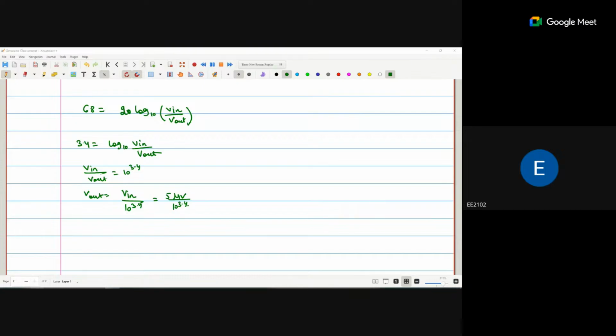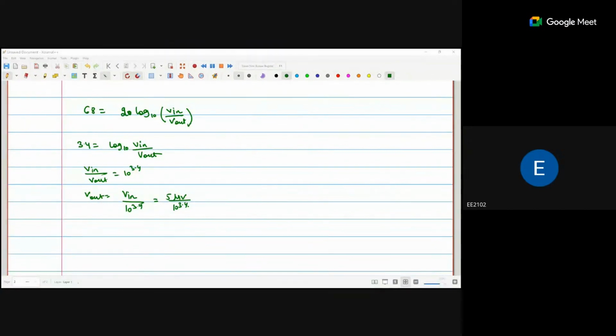Whether I made some mistake in that one. Five divided by 10 raised to the power 4 is 0.0019.